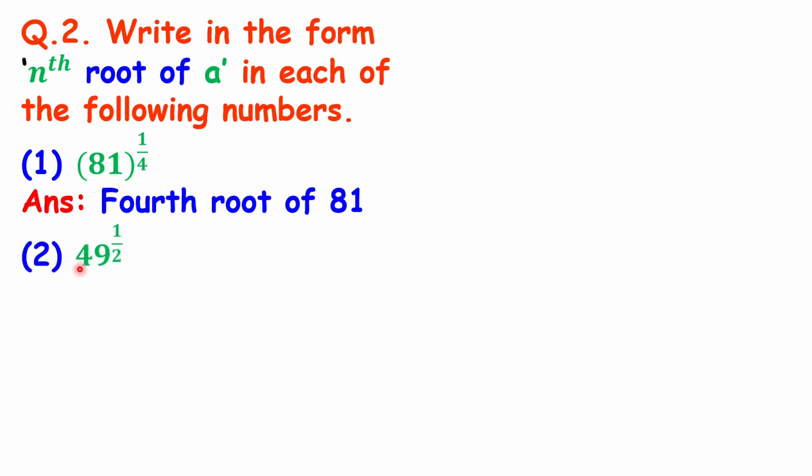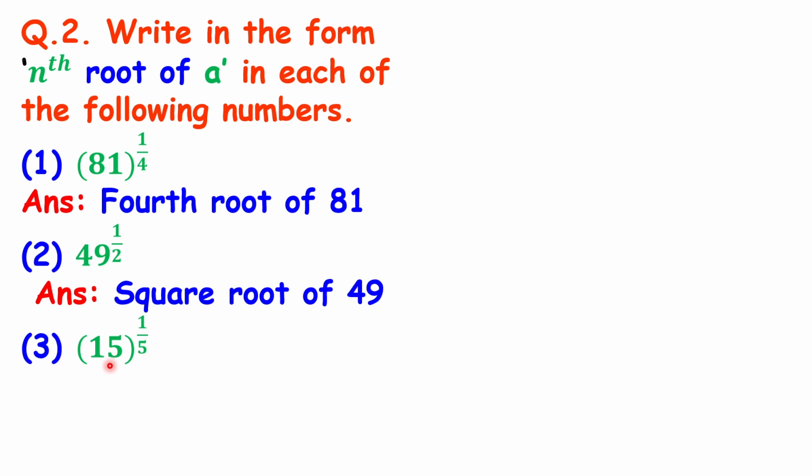Example 2, 49 raised to 1 upon 2. 49 is the base and denominator of the index is 2. You keep in mind, if denominator is 2, we can write as a square root. So answer is square root of 49.